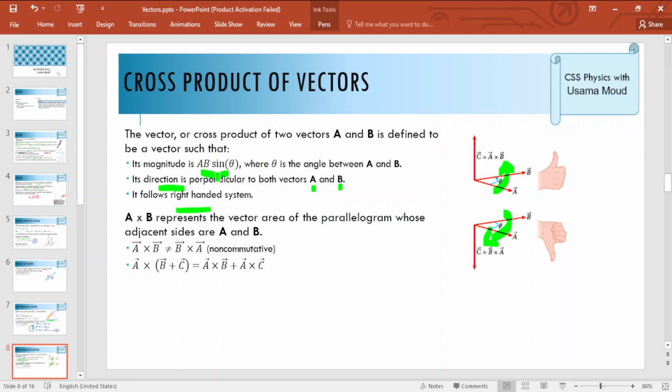So magnitude wise, A cross B and B cross A can be the same, but the vector direction has changed. In general, we can say that A cross B and B cross A are non-commutative because their direction is opposite to each other.